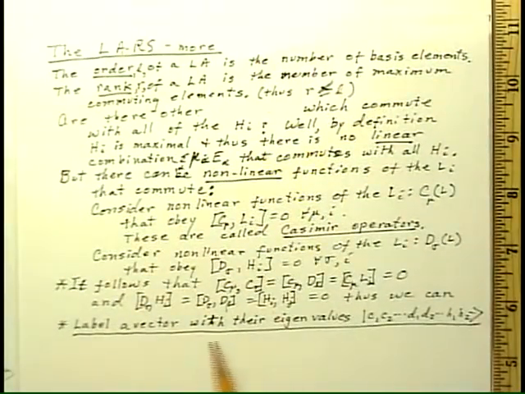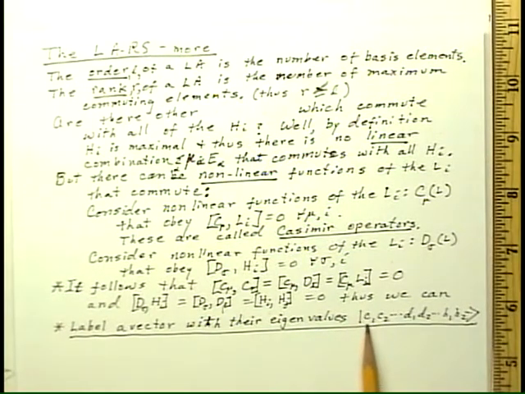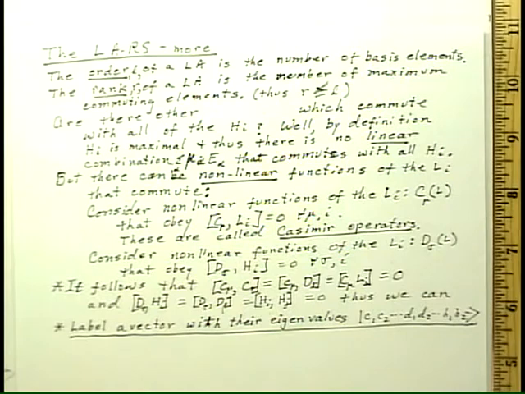Therefore, our fundamental result is we can label a vector with the simultaneous eigenvalues of all of the C-type Casimir operators, all the D-type Casimir operators of subgroups, and the maximal Cartan subalgebra, all of the H's. So when we list all of these elements, we have completely specified the representation space.